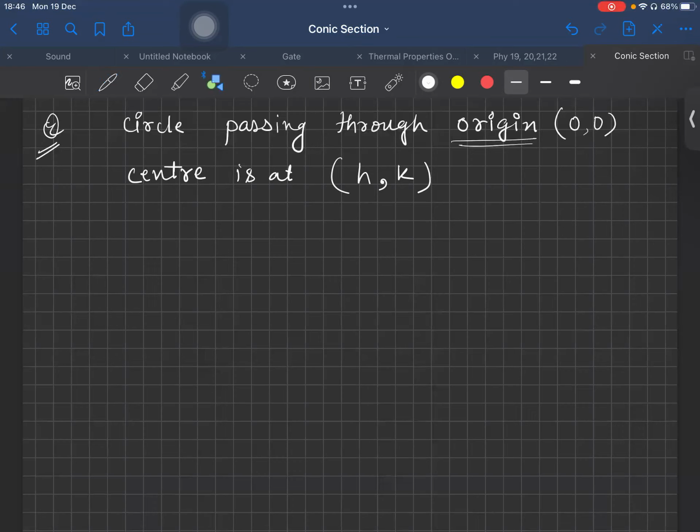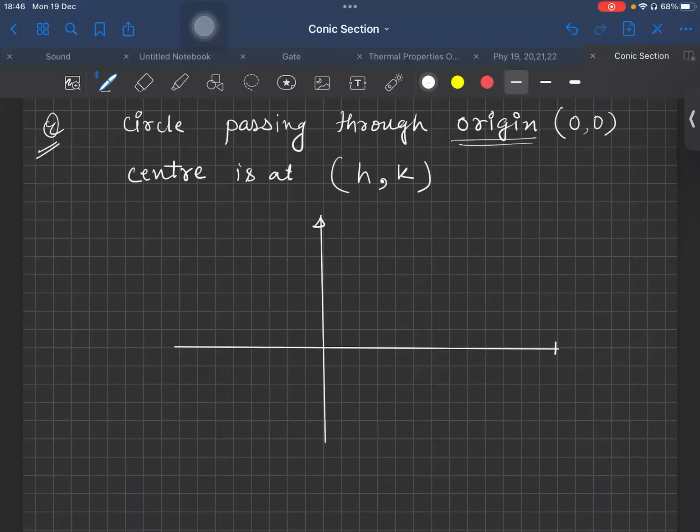So that means it's given that there is a circle. First let me draw a line. There is some circle, we don't know where it is. Okay, it is x, y. Now it's given that it is passing through the origin. One piece of information is given to us.